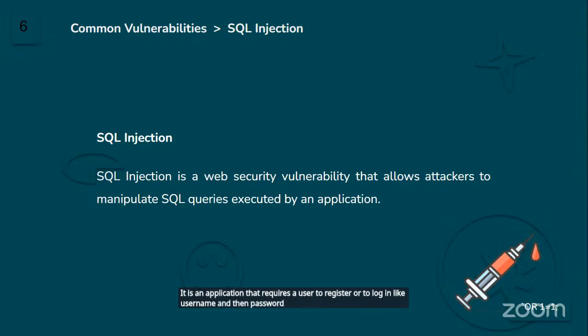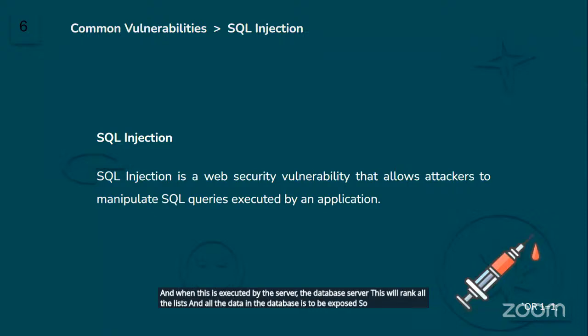If the potential offender just types out OR 1=1, this is a true statement. 1 equals 1 is a true statement. And when this is executed by the database server, it will bring back all the data in the database and expose it to the user.